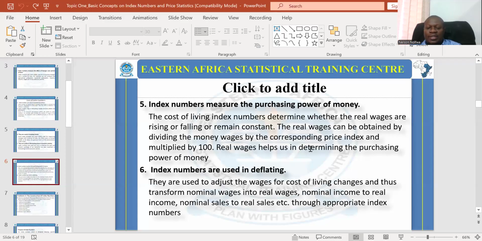Also, we can use the index numbers in deflating, actually adjusting the wages for the cost of living.